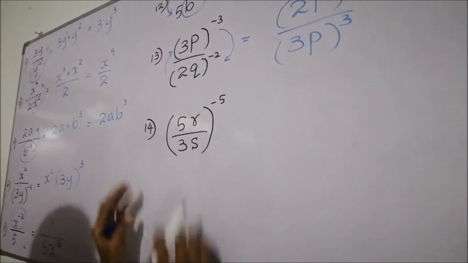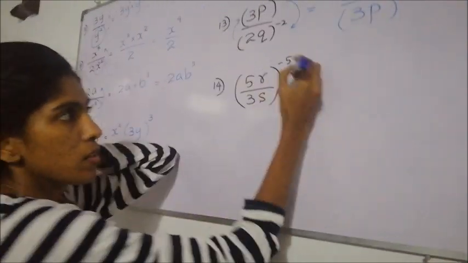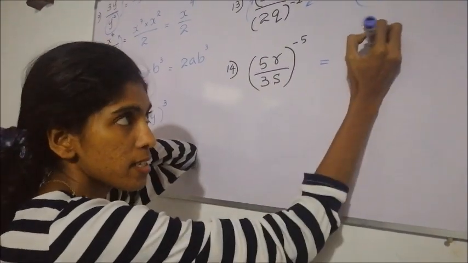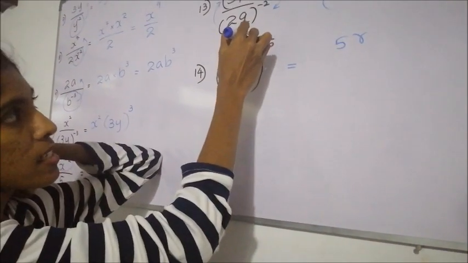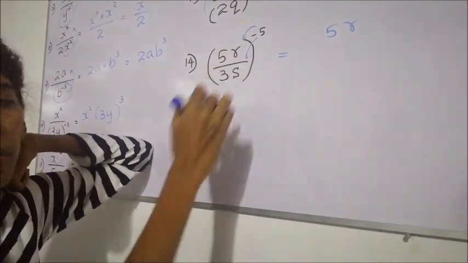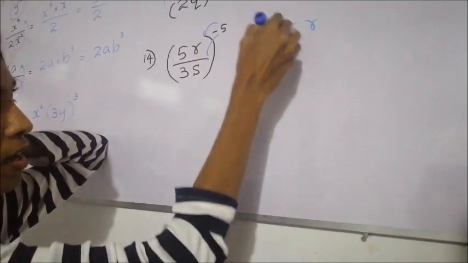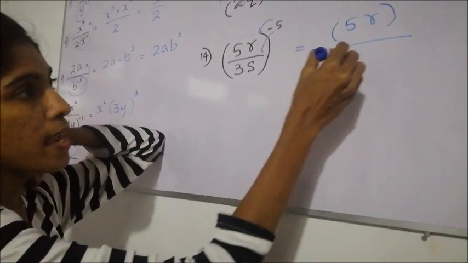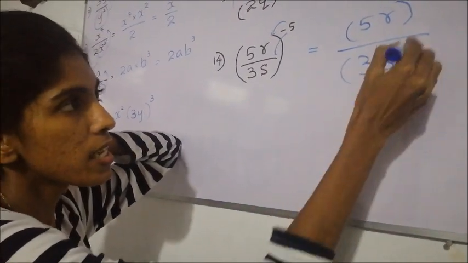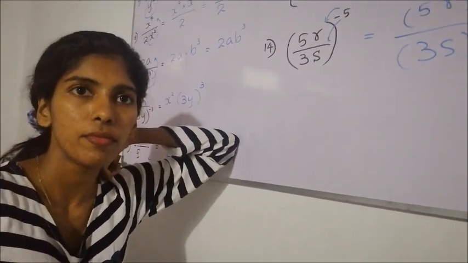Next, for this full section, what are we going to do? We should know that when there are brackets, we can apply this index to each and every term inside the brackets. So I am writing like this: 5r with index minus 5 and 3s also with index minus 5. Separately I wrote, right?